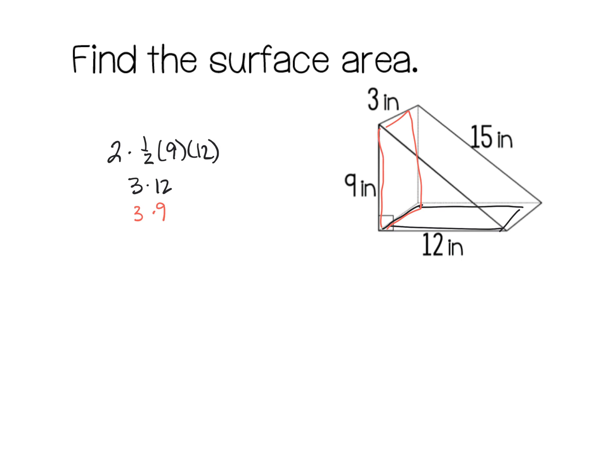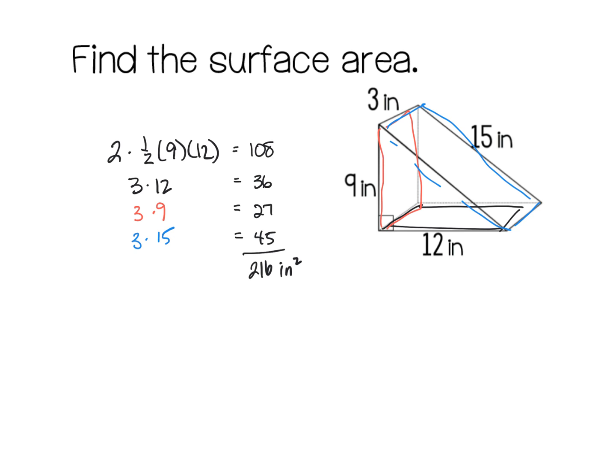And finally I have the big slant, like a slide, and that's a 3x15. So I can simplify this: this gives me 108, this gives me 36, 3 times 9 is 27, 3 times 15 is 45. Now I can total that up, and you should get 216 square inches.